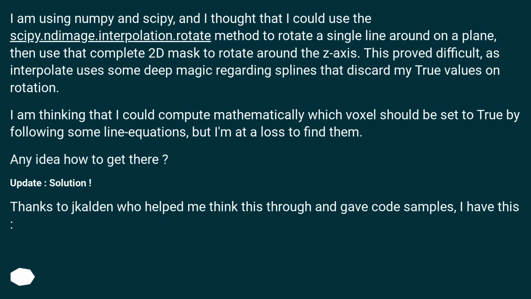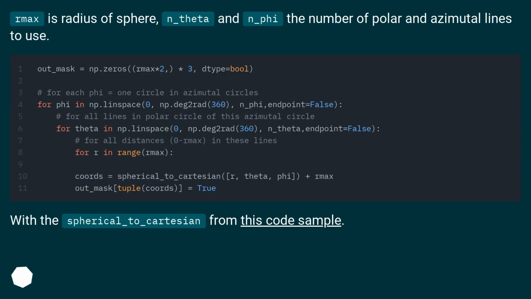Update, solution. Thanks to Chvalden who helped me think this through and gave code samples, I have this. Max is radius of sphere, n_theta and n_phi the number of polar and azimuthal lines to use.